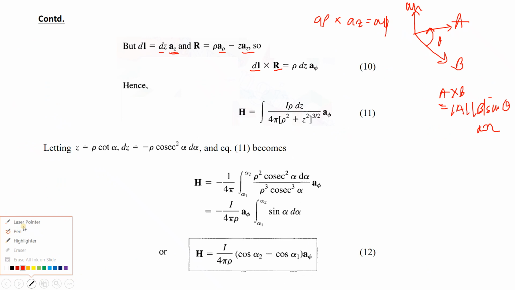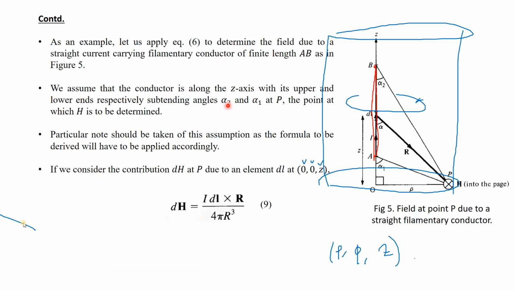It gives you the third axis. So hence this is represented as rho dz, because rho is the magnitude, dz is the magnitude, and unit vector phi is given, the resultant, you can say the normal, the resultant vector.